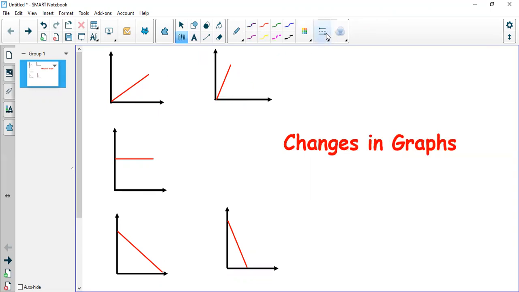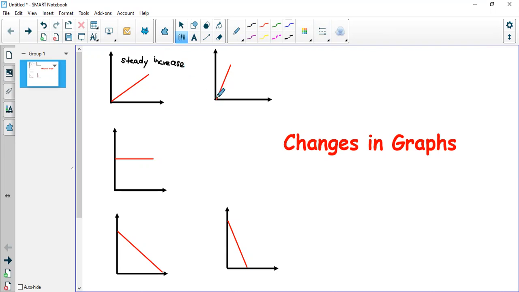Now, what's the difference? These lines, which are more flat, show a steady increase. Steady means they increase at a steady pace. Pace means speed. So it means they increase at a normal rate. Steady means it's a normal increase or a normal growth.